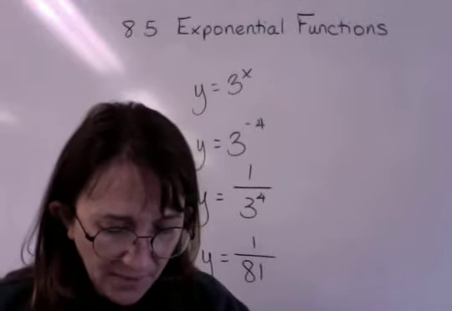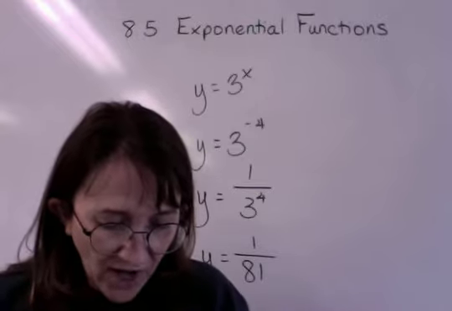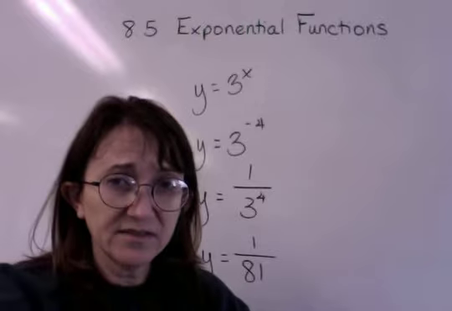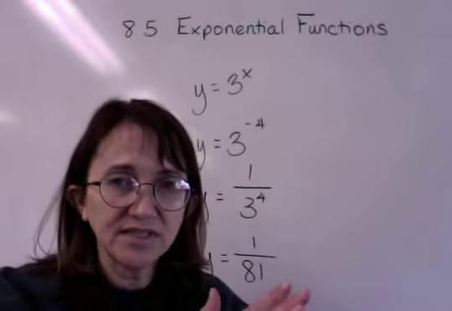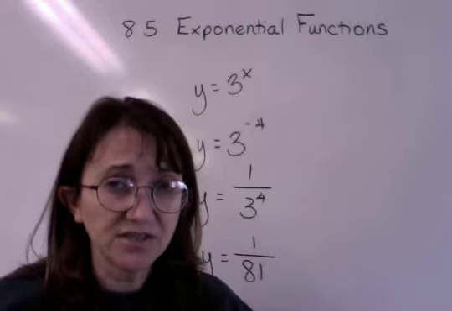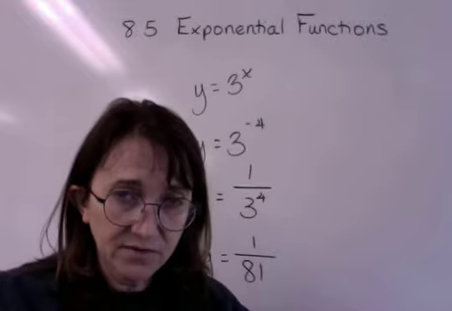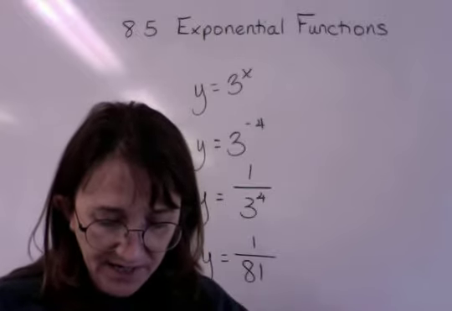But notice what happens. Like on number 5, I have 3 to the x power. Your values should increase. On number 6, I've got this fraction to the x power. My value should decrease, and I should be able to recognize that.